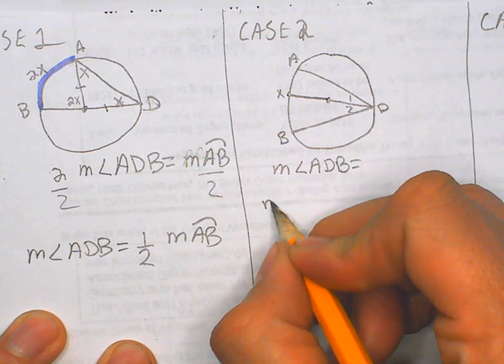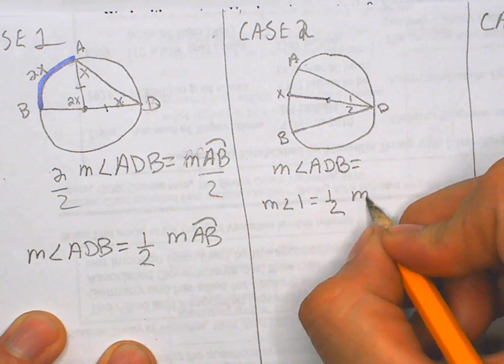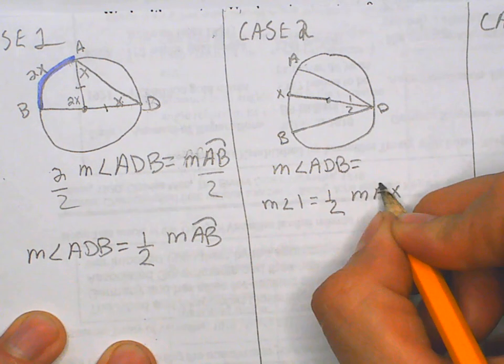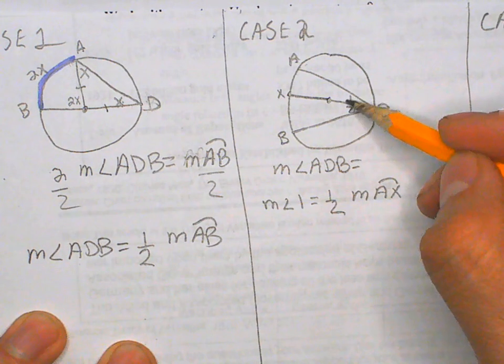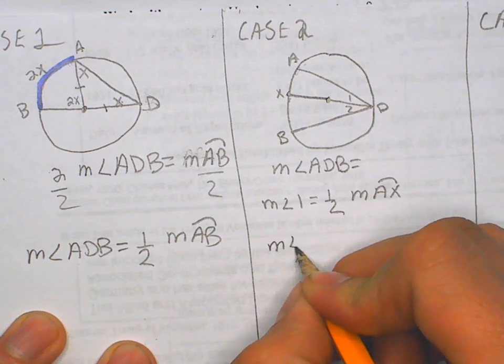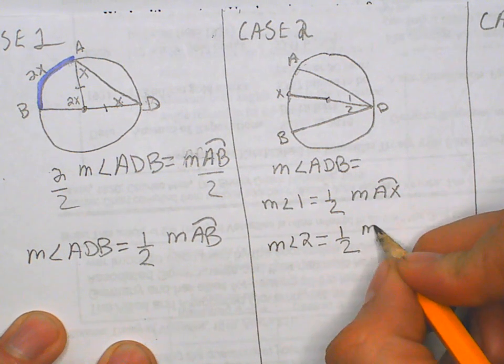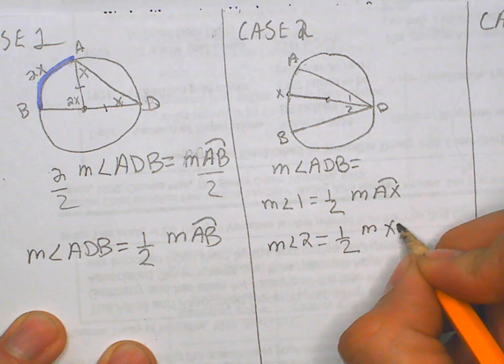So I have the measure of angle 1 equal to 1/2 the measure of arc AX. Okay, so this angle right here is going to be half of AX. For the same reason, the measure of angle 2 is going to be 1/2 the measure of arc XB.